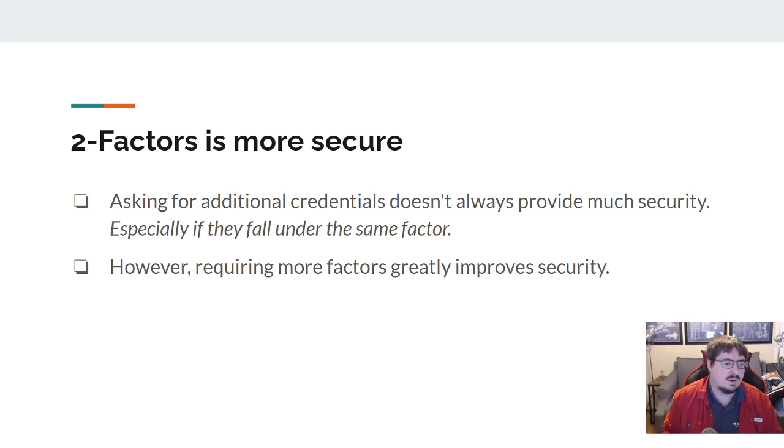Somebody trying to steal your identity may potentially have a lot of knowledge, so adding additional things doesn't give you much security. Similarly, if we're looking at biometrics, let's say I ask for a fingerprint. Does asking also for a retina scan add much security?